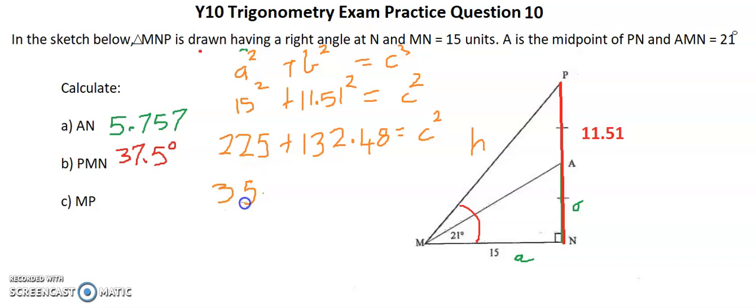So 357.48 is equal to c squared. Now to get rid of the square, we need to square root both sides. So that gives me the square root of 357.48. And that means my C, or my point from M to P, is going to equal 18.9.